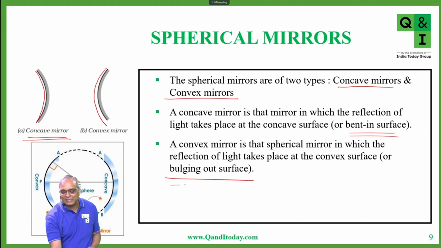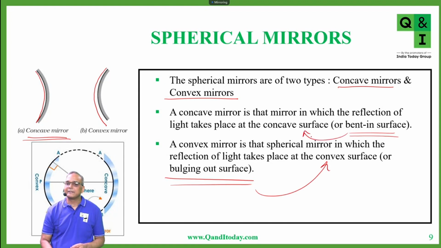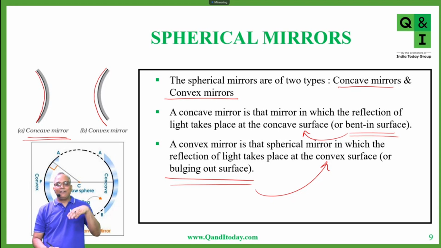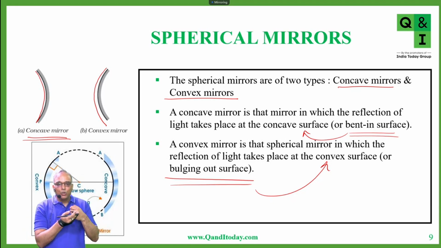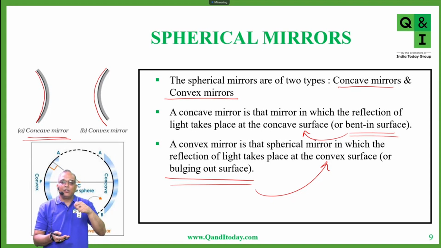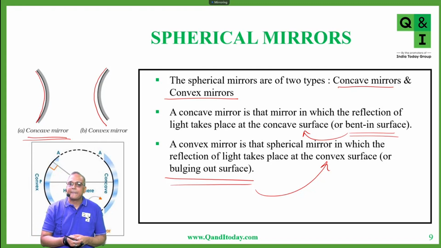The bent in surface is the concave surface. Clear? So again, if I take the example of the spoon, the surface which is below the surface in which you keep the food is basically the bulging out surface, and that is the convex surface. Clear, students?